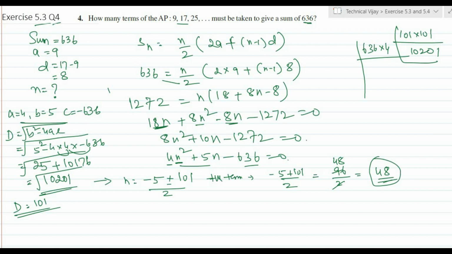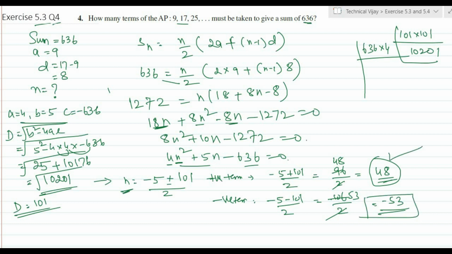If you consider the negative term, this is minus 5 minus 101 divided by 2. So minus 106 divided by 2, this is minus 53. But here N, that is the number of terms, cannot be negative. So we will take this as the solution, that is N is equal to 48. Okay.